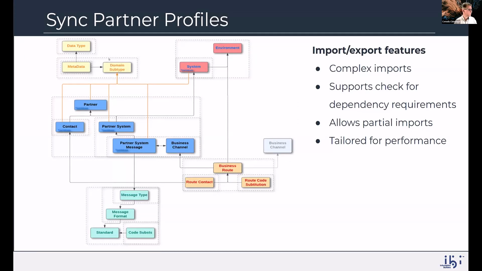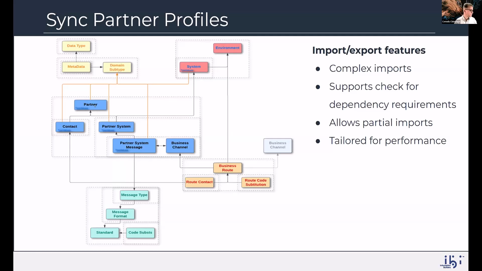Every dotted rectangle represents an import-export domain. So there can be individual exports for properties or exports for entities, or entities with children can be exported along with their children. So as you can see, the import-export is very domain-oriented.